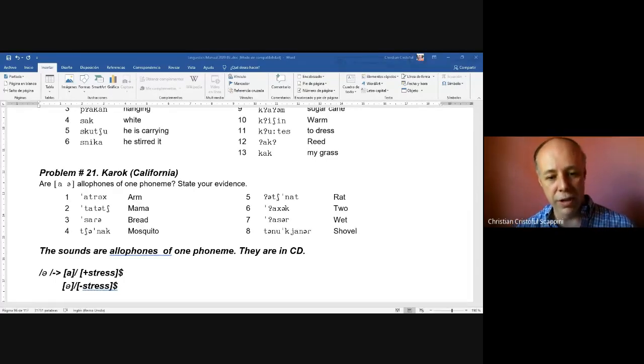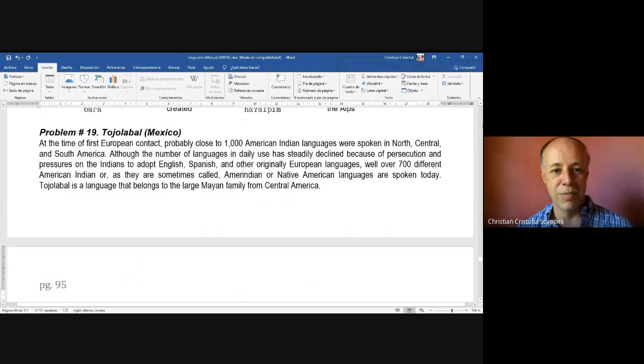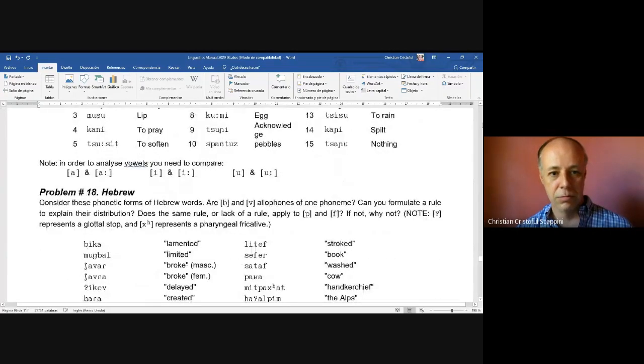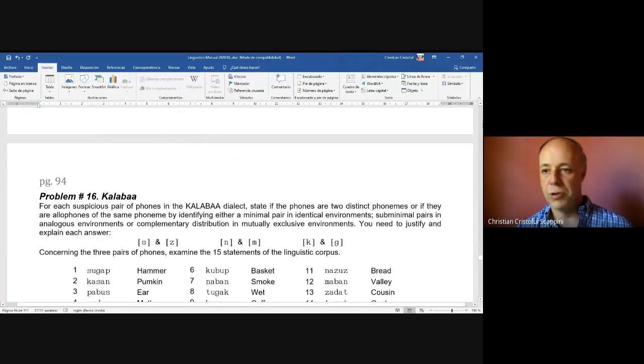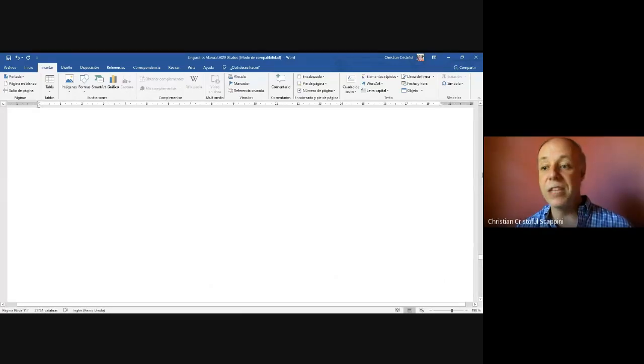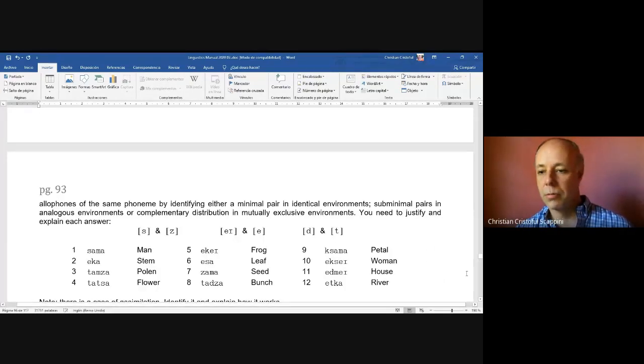Now that we have clarified that, which exercise was assimilation? I don't remember. Number 15. Here.